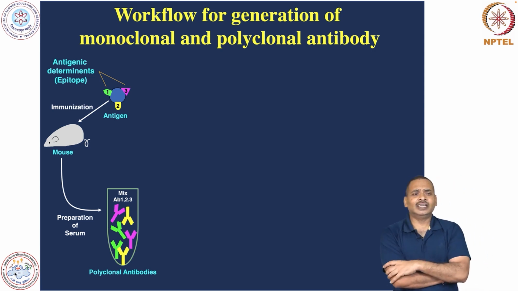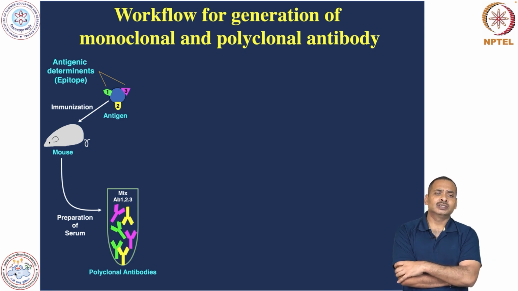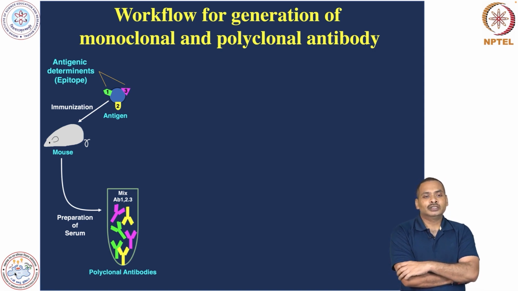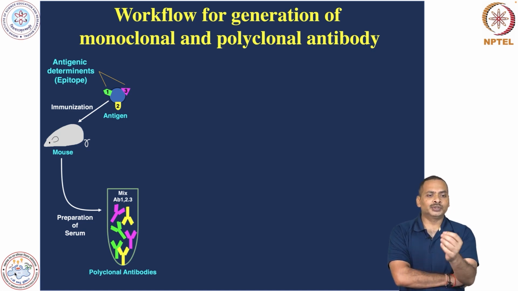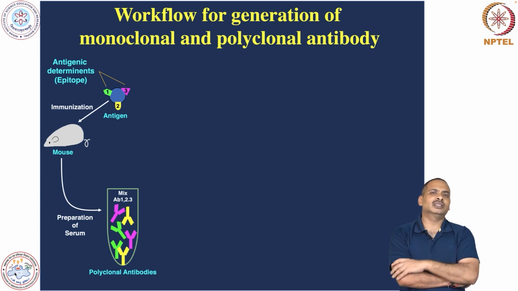Now, I have a challenge. I want to make an antibody which is only recognizing surface 1. If you take this polyclonal antibody and try to isolate only one kind of antibody, which is recognizing epitope 1, it is technically very challenging.